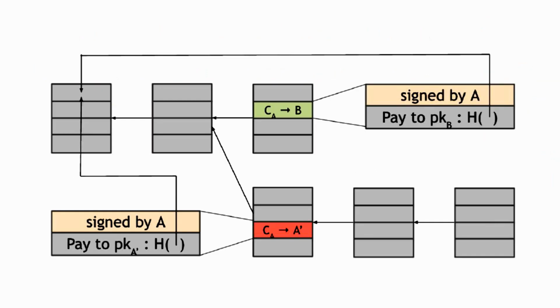This is the protection against double spending attack, and it is shown in this figure. So Alice here generates the transaction to pay Bob, and the transaction contains a hash pointer to where this coin is located in the blockchain. Now Alice will create a second transaction to pay the coin to herself, or to a public key owned by herself, and it is going to have a hash pointer pointing to the same location in the blockchain.